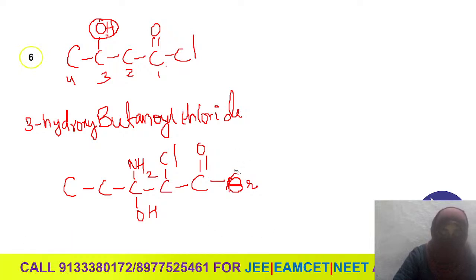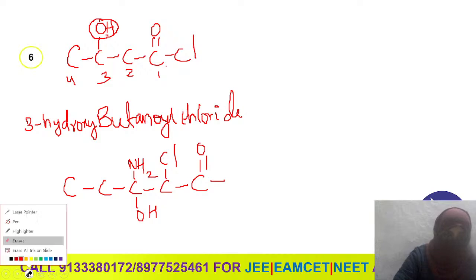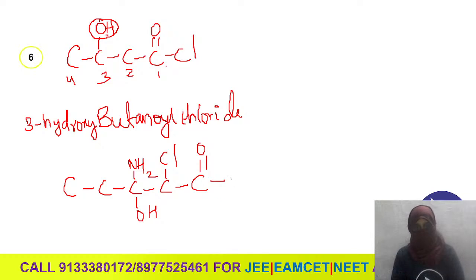If you know the priority order, carboxylic acid derivatives have higher priority than any other functional groups. So this is acyl halide. Hence, this is the longest parent chain which I am writing here. The numbering will start 1, 2, 3, 4 and 5.